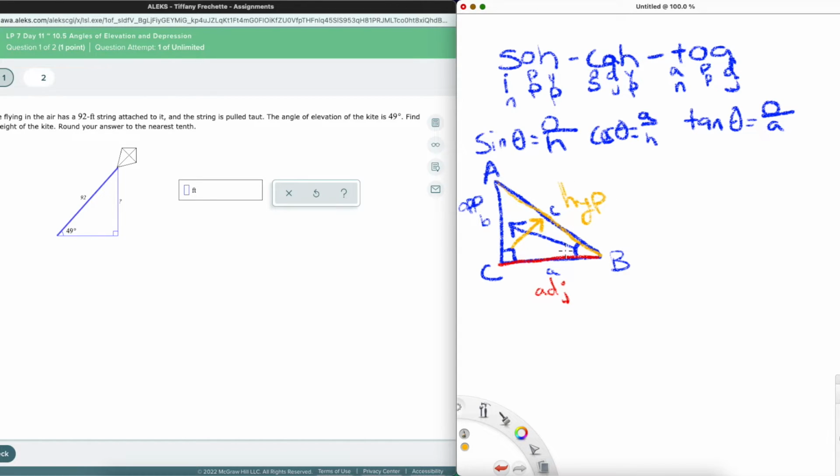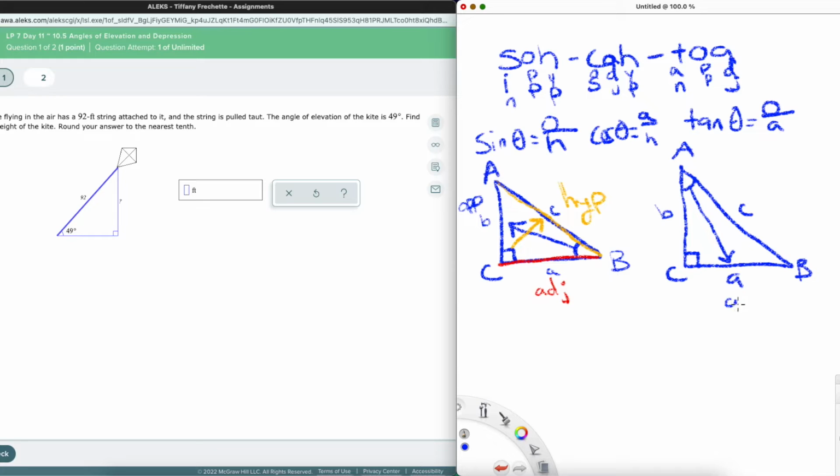Now, if I look at this exact same triangle, and I'm not going to draw it super nicely, but close enough. I have A, B, C, and then A is down here, B is over here, and then lowercase c. And this is my 90 still. Well, now I'm going to look at the angle up here. So if I switch it, now I'm not looking at the angle down at the bottom, I'm looking at the angle at the top. Well, now my opposite is this bottom one.